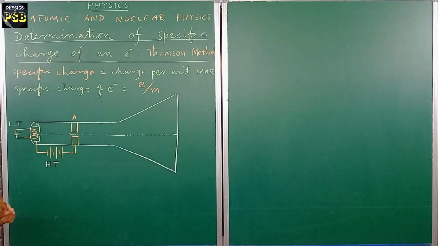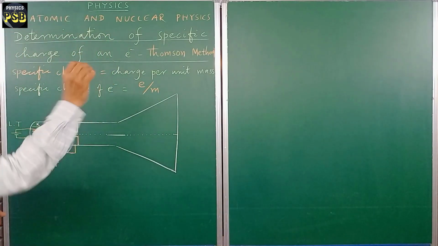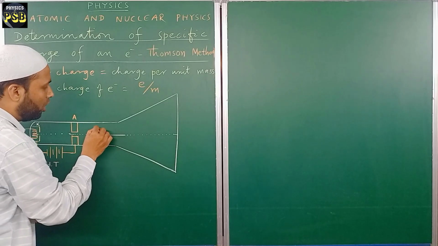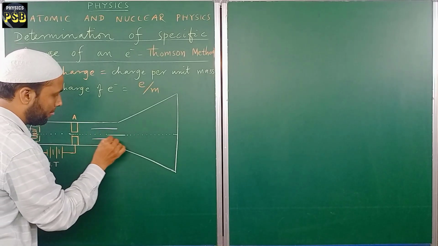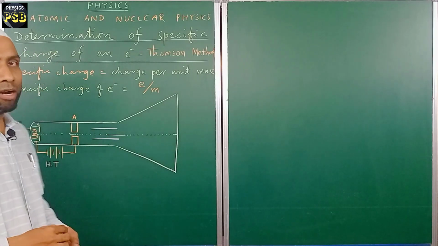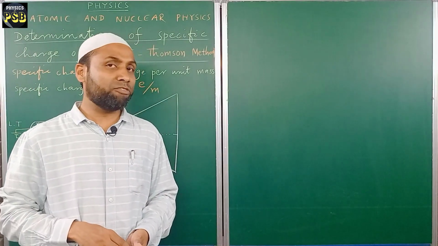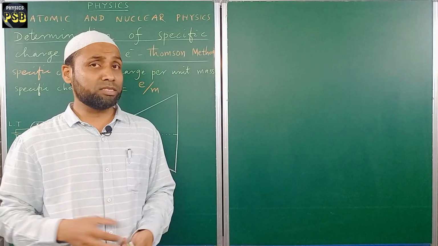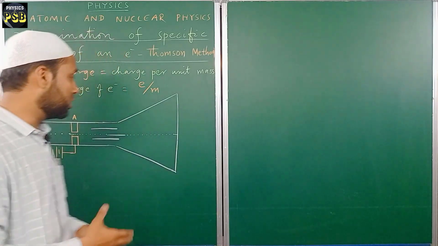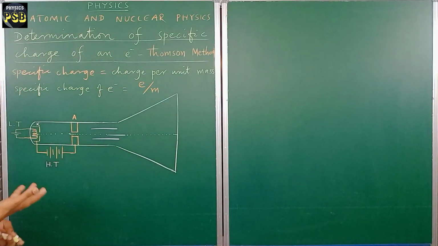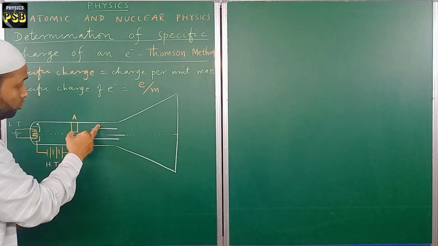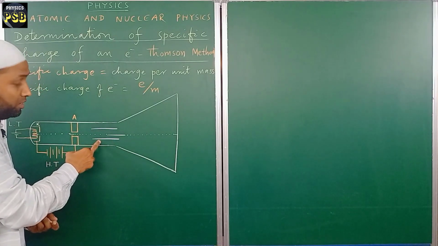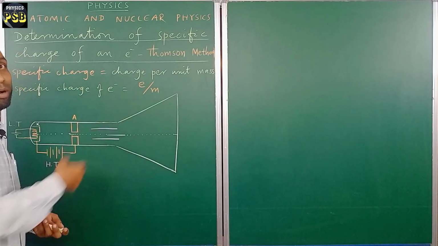Next, let me tell you on what principle this method works. Here, we know a cathode ray is deflected by electric field and magnetic field, which is the principle behind the working of this method. To produce electric field, two parallel metal plates are used here, which are connected to a power supply.